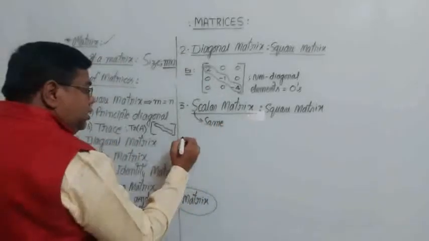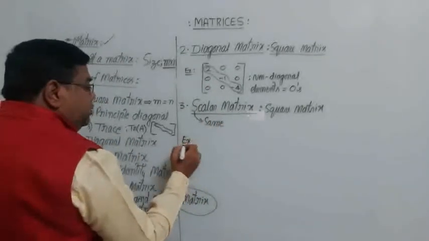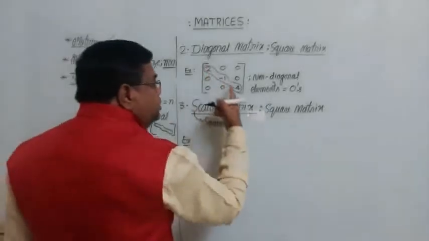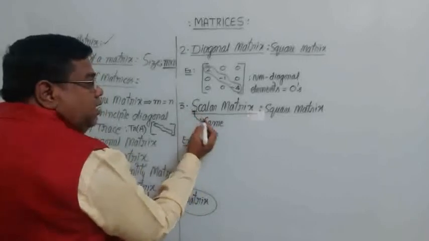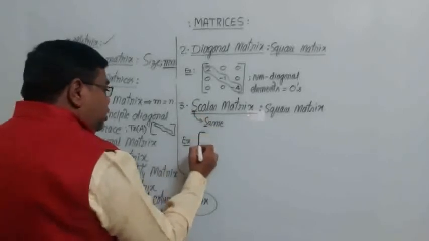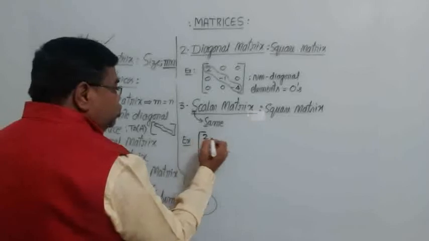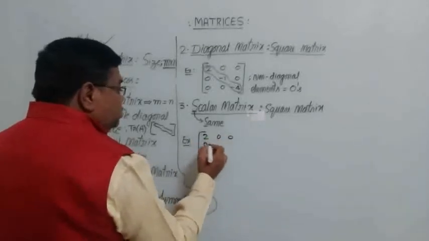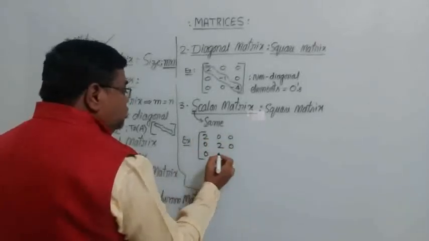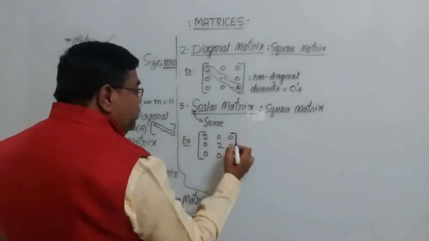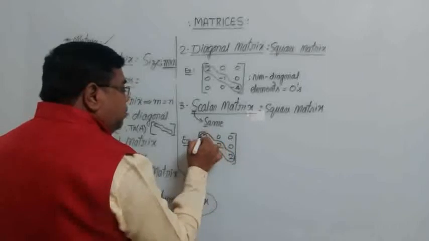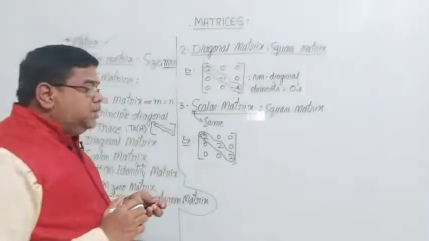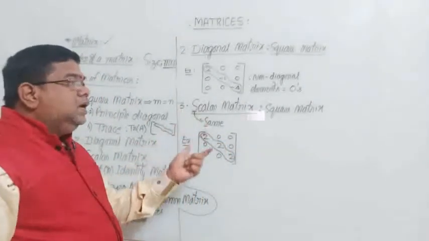It is also a diagonal matrix, a diagonal matrix having the principal diagonal elements the same. You can remember it very easily: scalar, same. Suppose 2, 0, 0, 0, 2, 0, 0, 0, 2. If the principal diagonal elements are the same, it is called the scalar matrix.